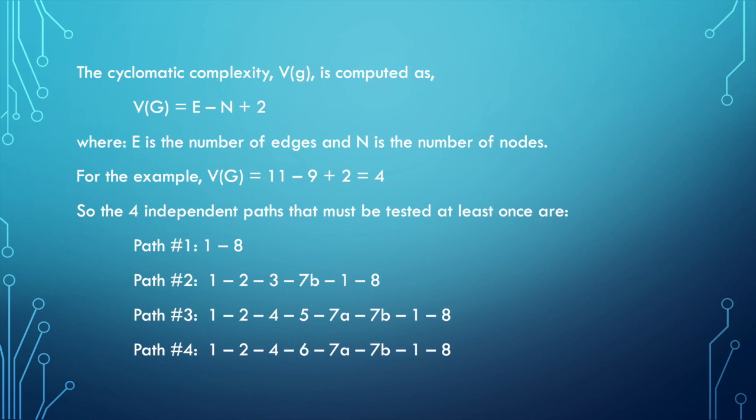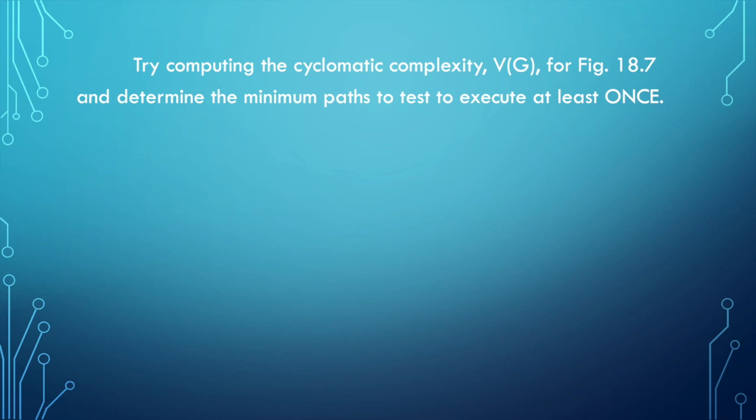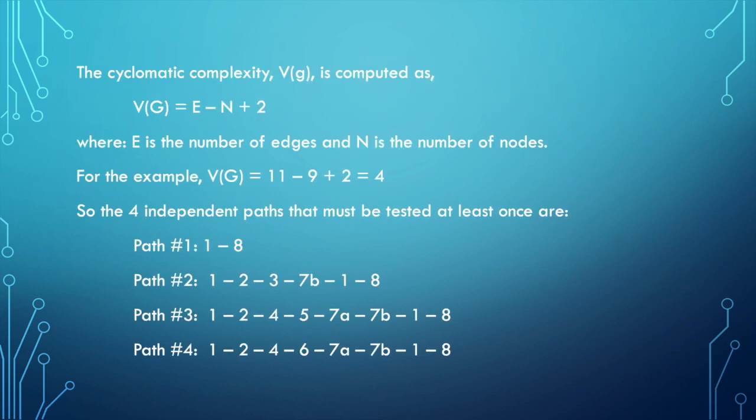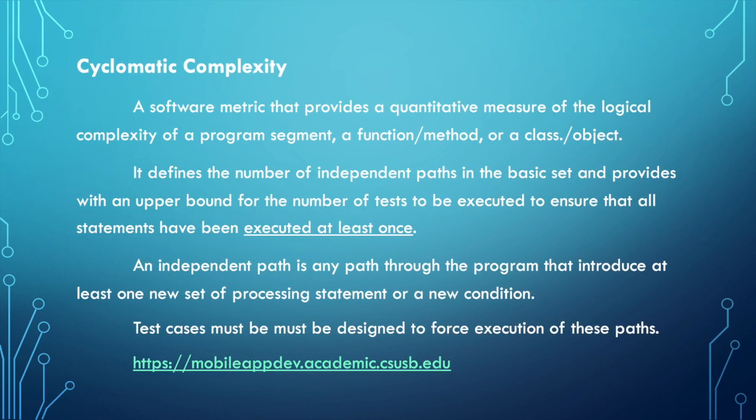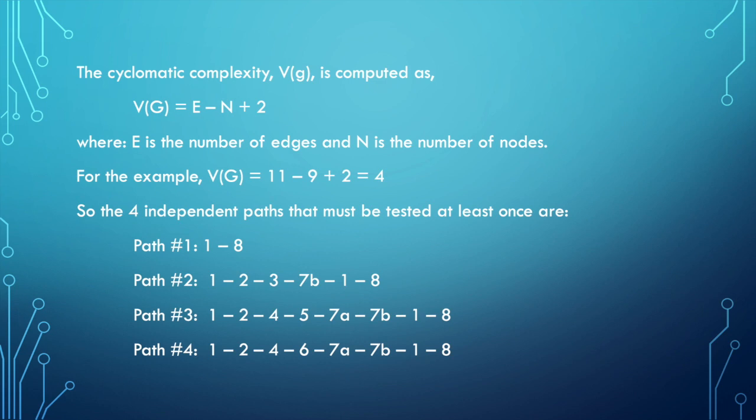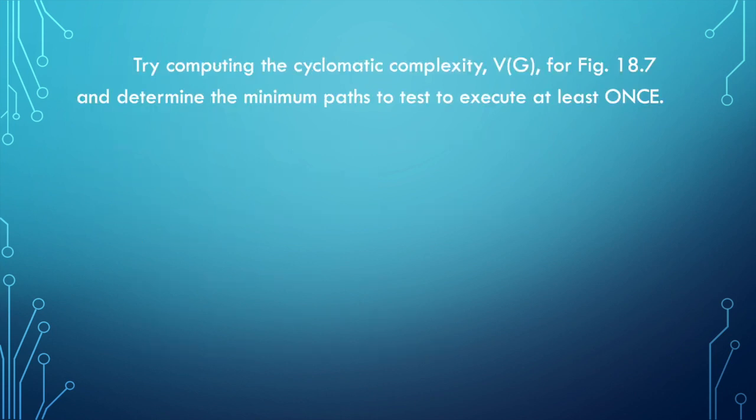And the next one is 1, 2, 4, 5, 7a, 7b, 1, and 8. And then the last one is 1, 2, 4, 6, 7a, 7b, 1 through 8. Okay? So you don't really need to proceed with a path that exercises all of them. All you need is five. I mean four only. Okay.